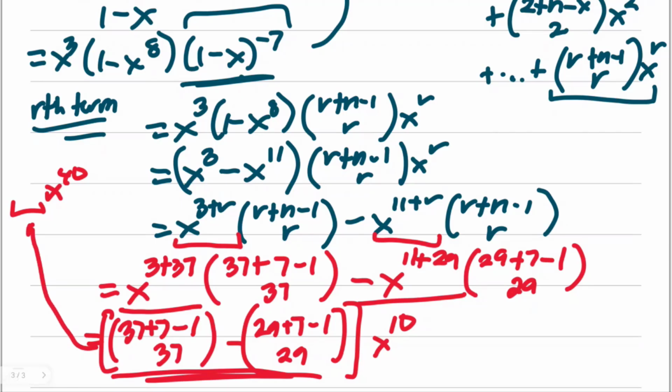So simply simplify that. That's actually equal to 37 plus 7 minus 1, that's 43, combination 37, minus 29 plus 7 minus 1, combination, that's 35, combination 29.